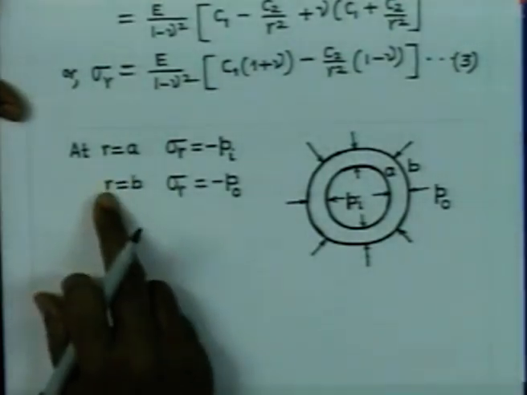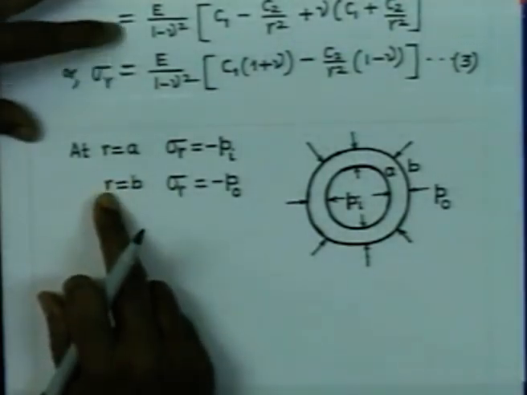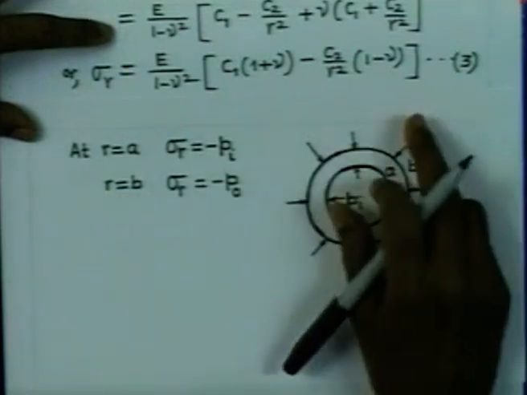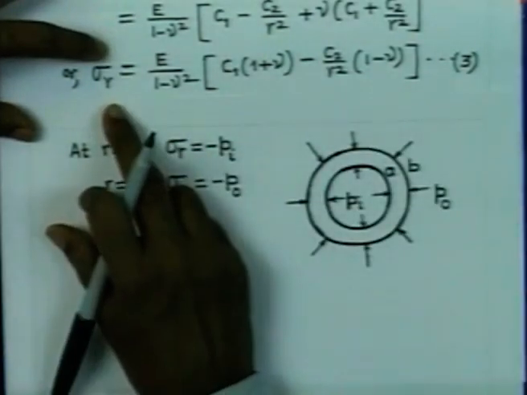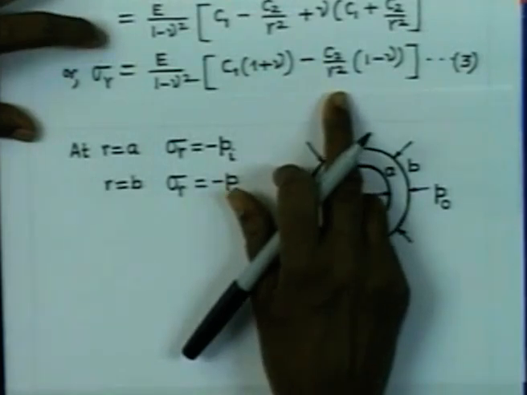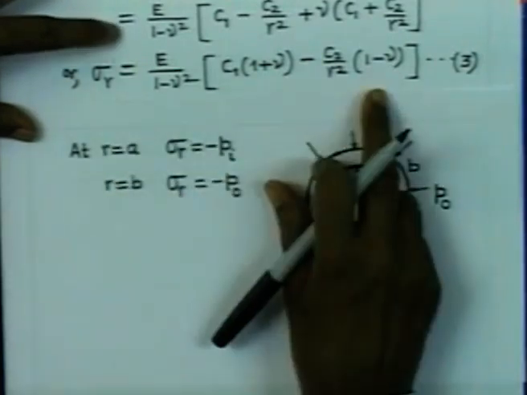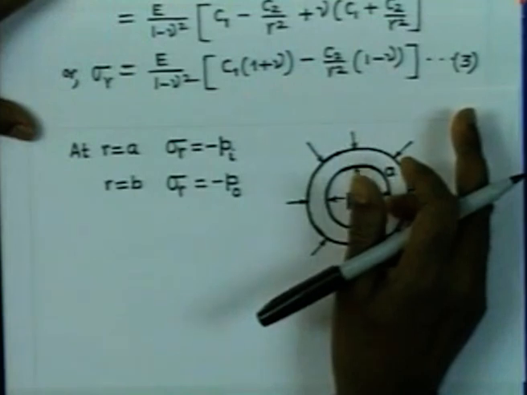Now, using these two boundary conditions of the problem and using the relationship of sigma r with radius, we can evaluate the two constants.